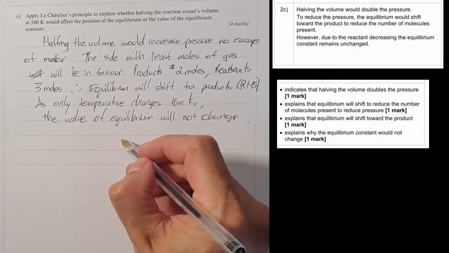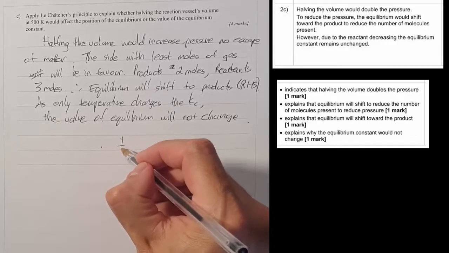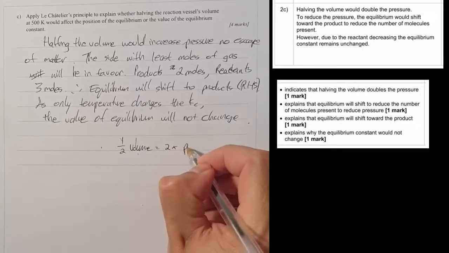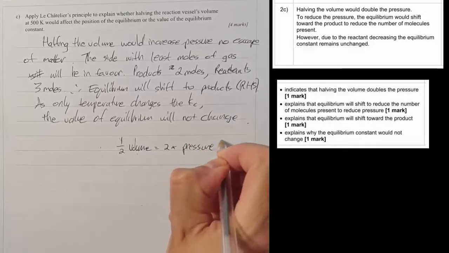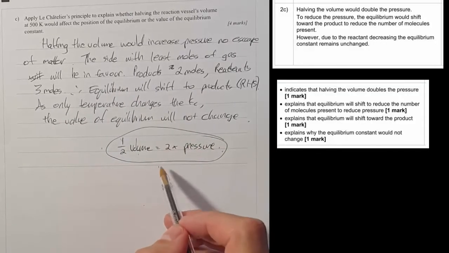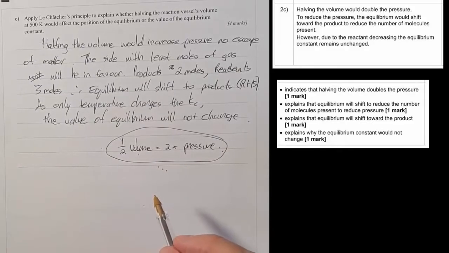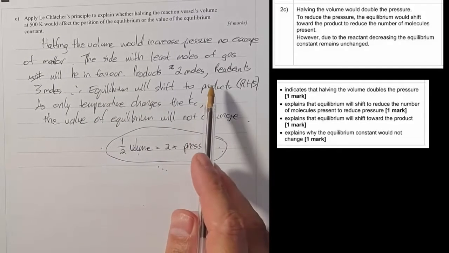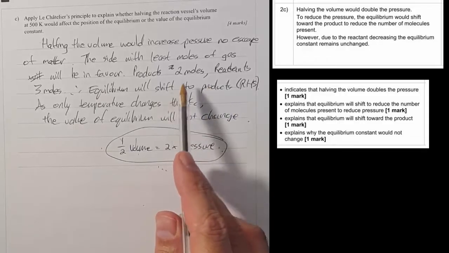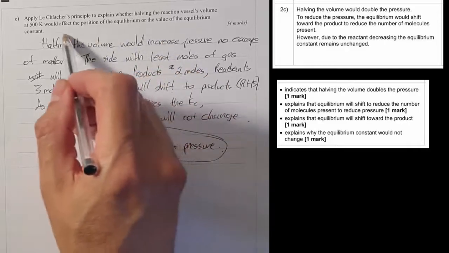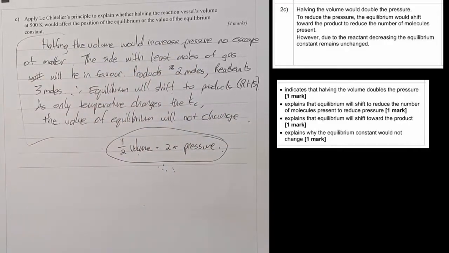I didn't say halving the volume equals 2 times pressure. Ooh, that's definitely God mode. It's getting really specific. So possibly not get the full marks for that one. Reducing the number of molecules present. I think I still get that other one though. I'm not sure how harsh they're going to be on this one. That's possibly only got 3 out of 4 for that one.